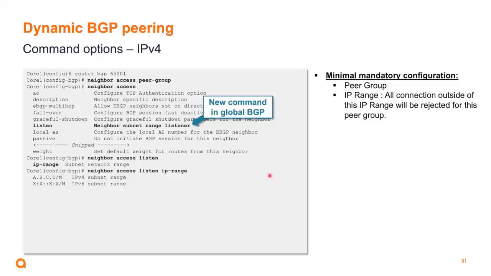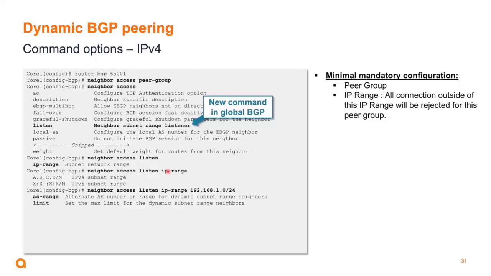Once it has been done, a new command has been introduced in 10.11, which is named listen. Using it, you can then configure, as you can see here, an IP range. Those two items, the peer group and the IP range, are mandatory to get dynamic BGP peering up and running.